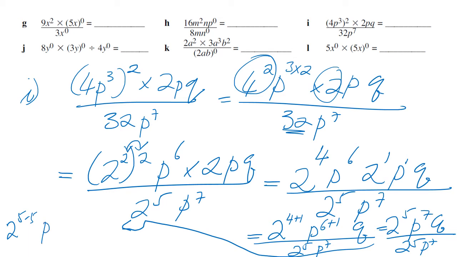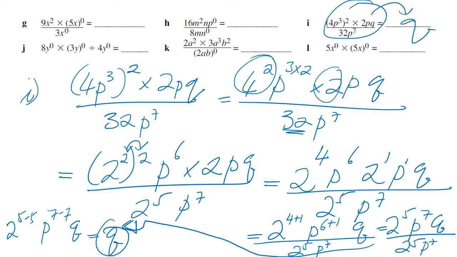Same as the p, 7 take 7, and then you multiply by the q, which becomes 2 to the power of 5 take 5 is 2 to the power of 0, which is just 1. Same as for the p, 7 take 7, it becomes 0. P to the power of 0 is 1, which means my answer is just q. Alright, so after all that work, you can see all that stuff can be simplified to a simple q.